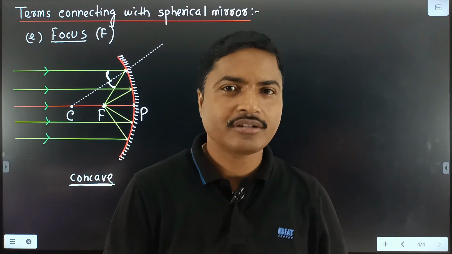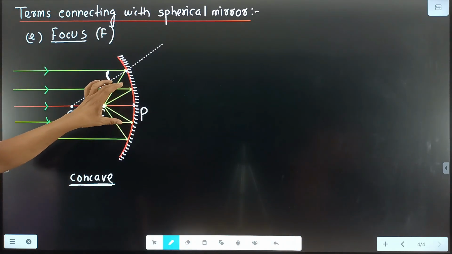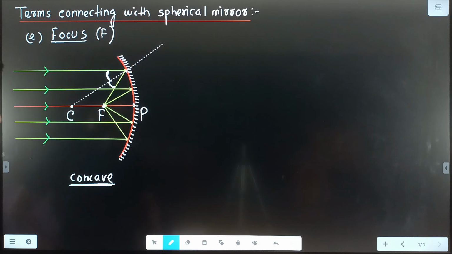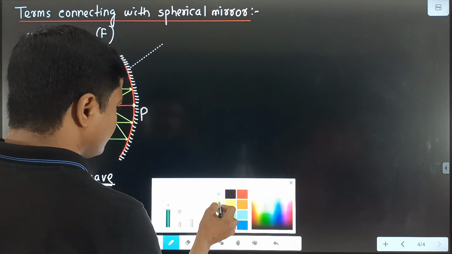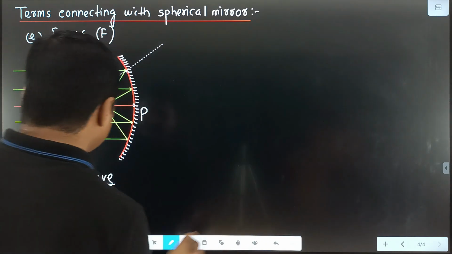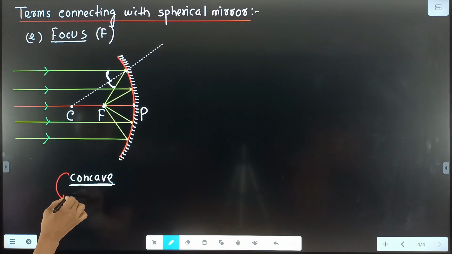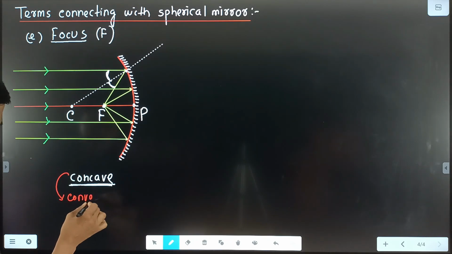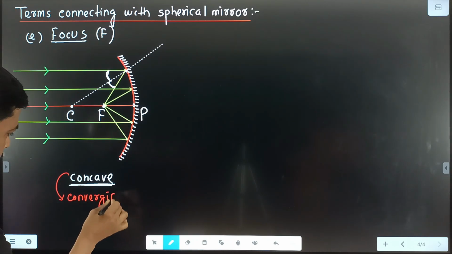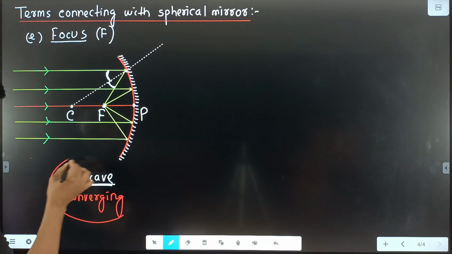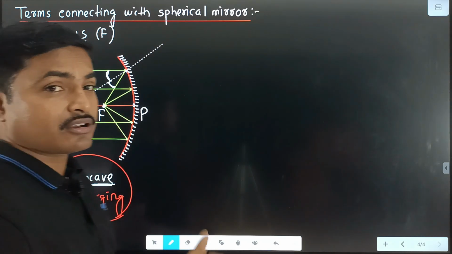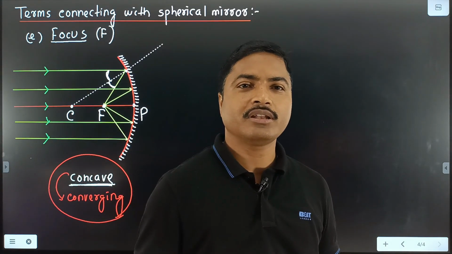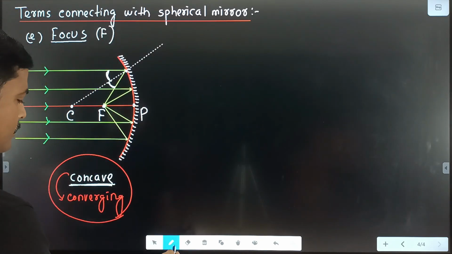So that is known as converging. If the reflected rays are converging, the concave mirror is also known as the converging spherical mirror. Clear?